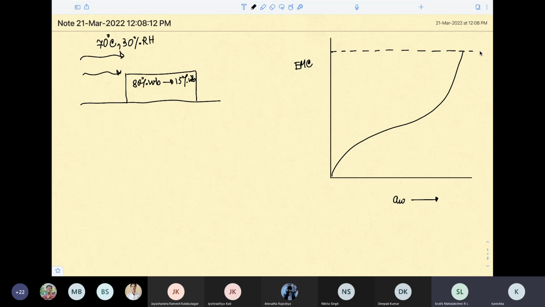So let's say up to this is total moisture.